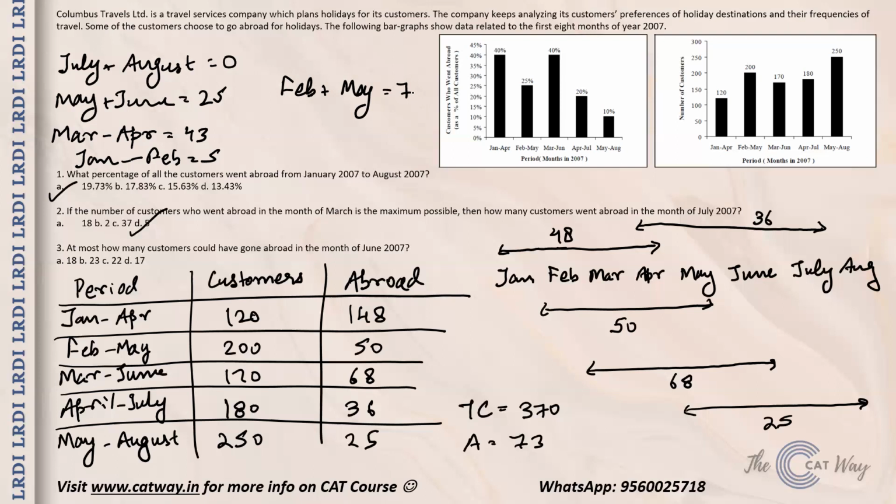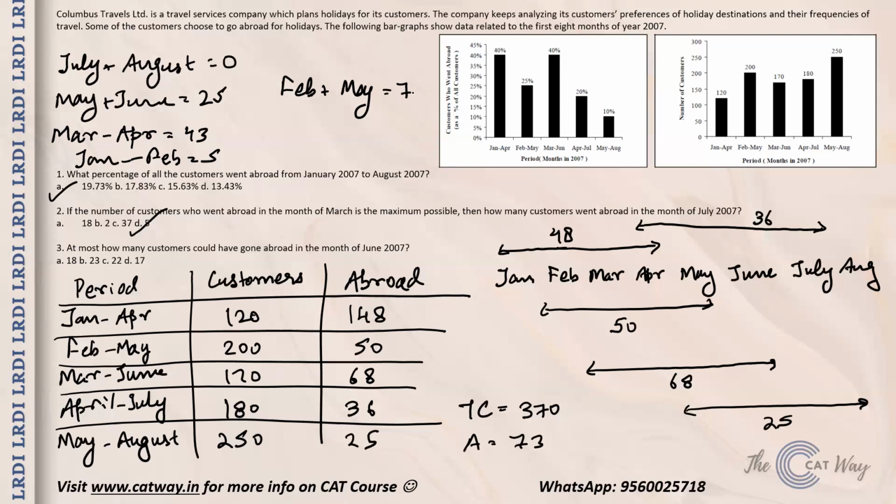Now guys, let's see what we can do. We have to maximize June, right? So we know the data for February to May, and June comes between May to August, wherein we have taken July and August as 0, because we have to maximize June.